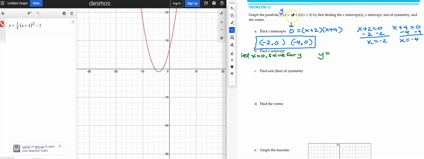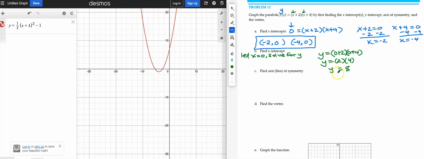So y equals, and in place of my x here and here, I need to put zeros. So I've got 0 plus 2, times 0 plus 4. Well, 0 plus 2 is just 2, 0 plus 4 is 4, and when I multiply those together, I get 8.